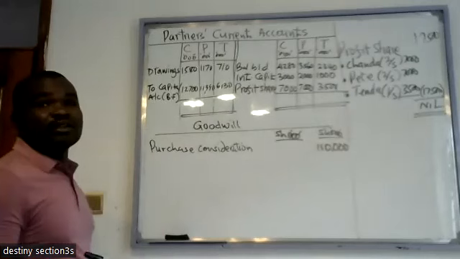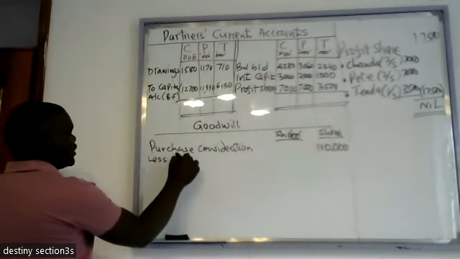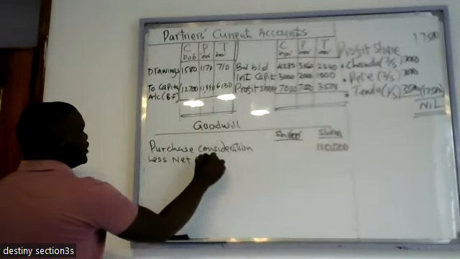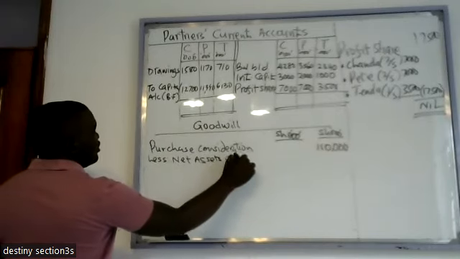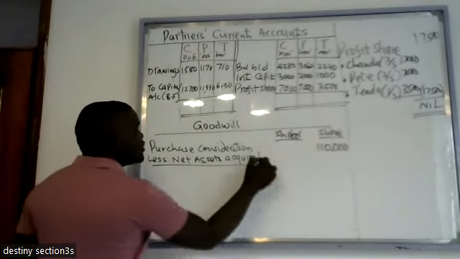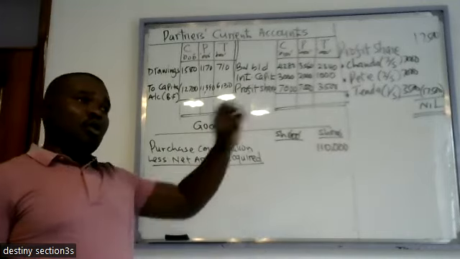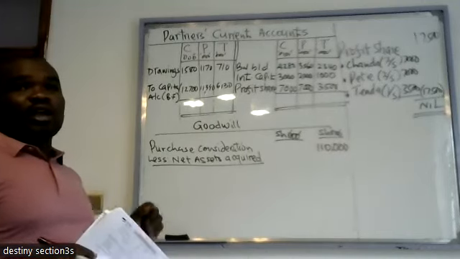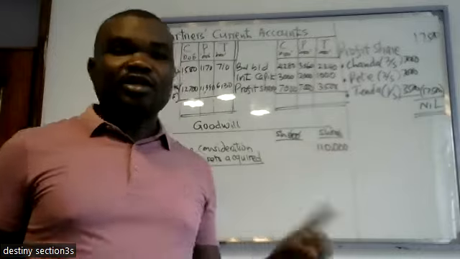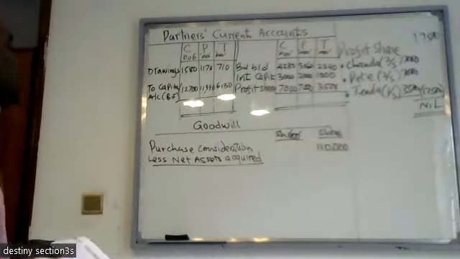Then you less net assets acquired. The net assets in this case, you take all the assets minus all the liabilities acquired at their taken over values. That is what you need to understand.